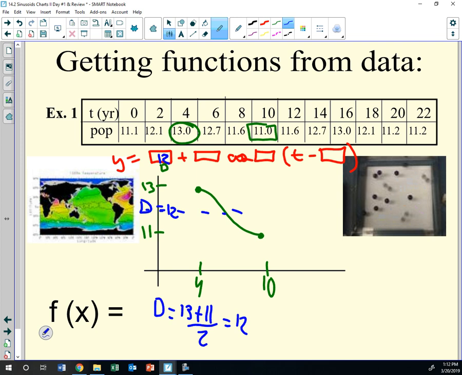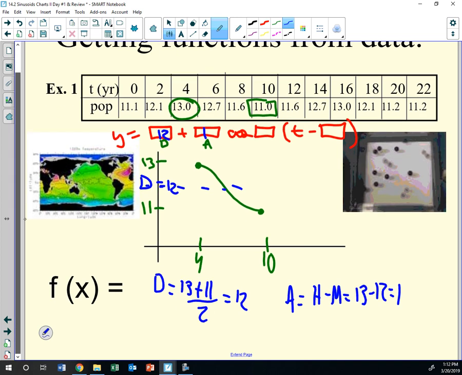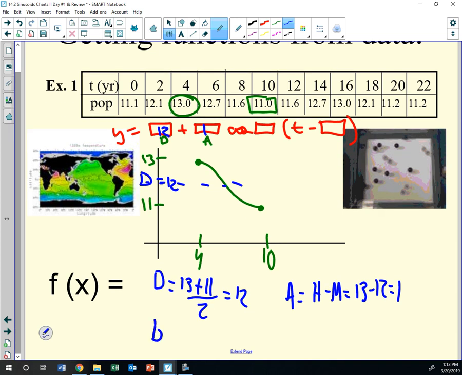Next thing we're going to find is A. A is going to be your high minus your middle. So 13 minus 12 is just 1. That's boring. That's just 1. And then for B, it's 2 pi over the period. Now the period for this one is laid out in green here.